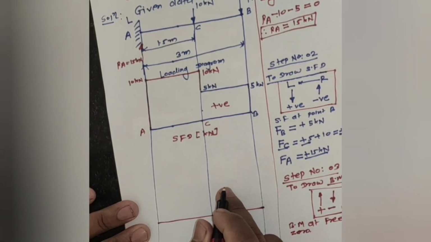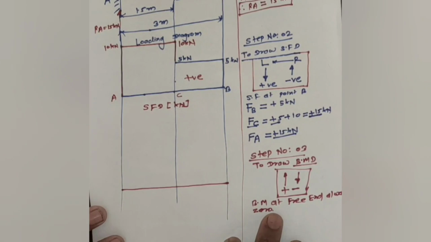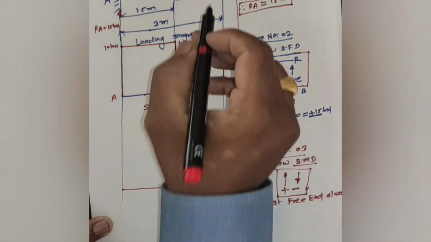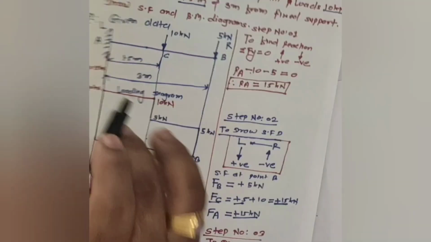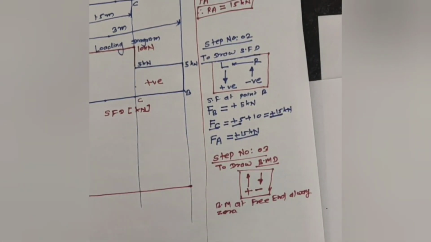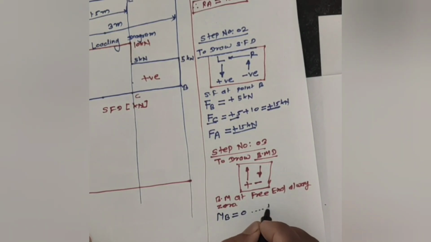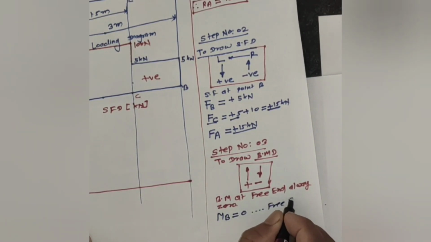Above the baseline is positive bending moment, below the baseline is negative bending moment. Make this concept clear: bending moment at free end is 0. Okay, write down: bending moment about point B is equal to 0 because it is the free end.